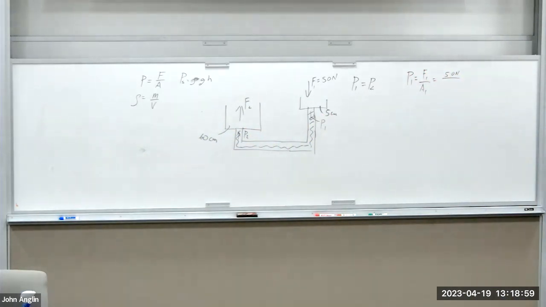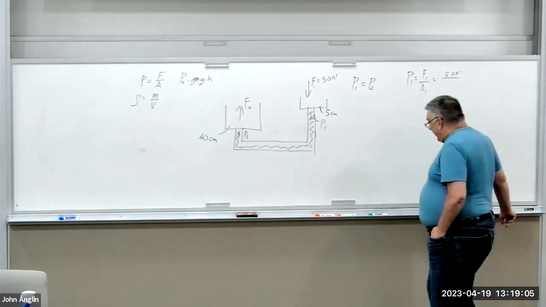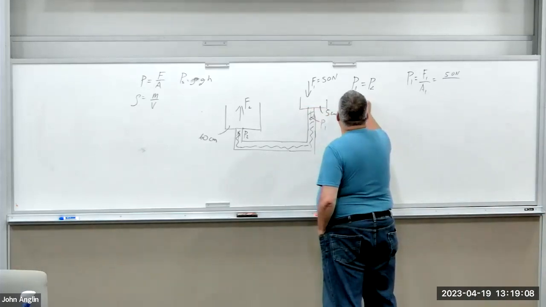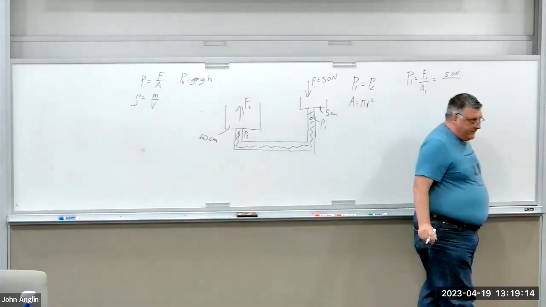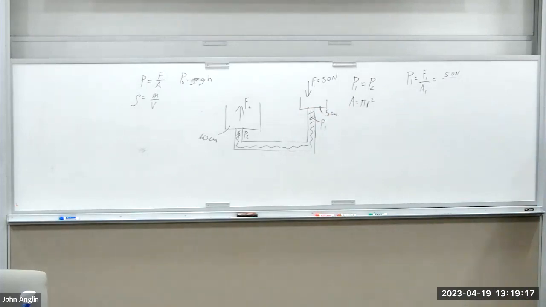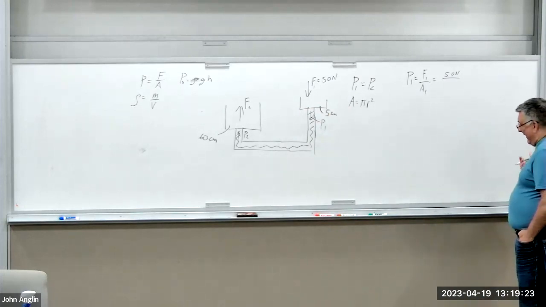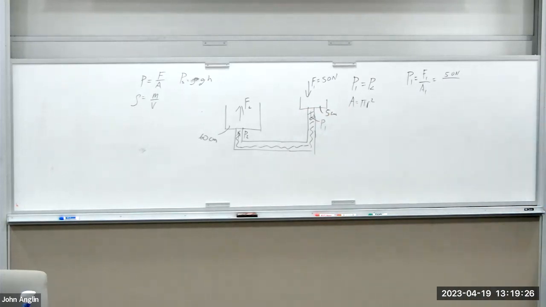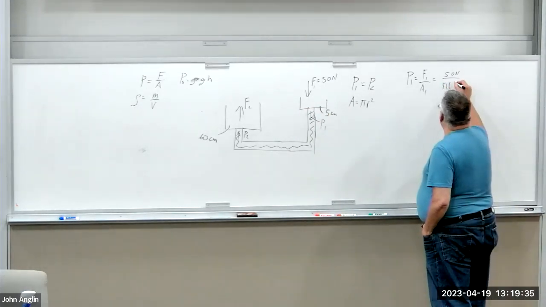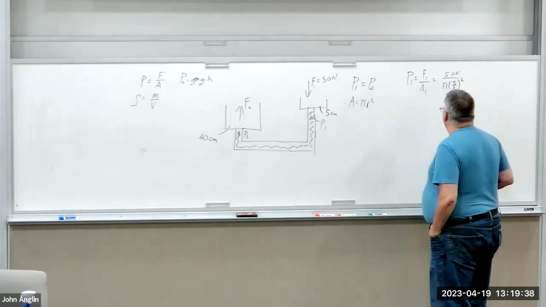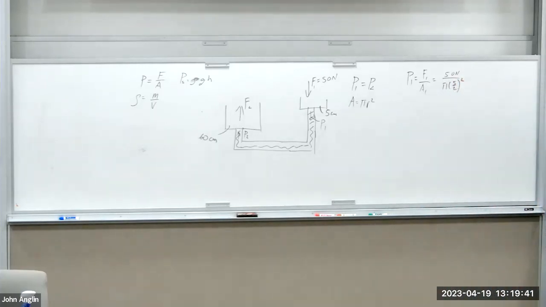If we remember the area of a circle, because we said these were circular, it is pi r squared. Be careful, I gave you the diameter and not the radius. The radius is just half the diameter, basic 10th grade geometry. So we know that the area of 1 must be pi times 5/2 squared. Don't forget the square.